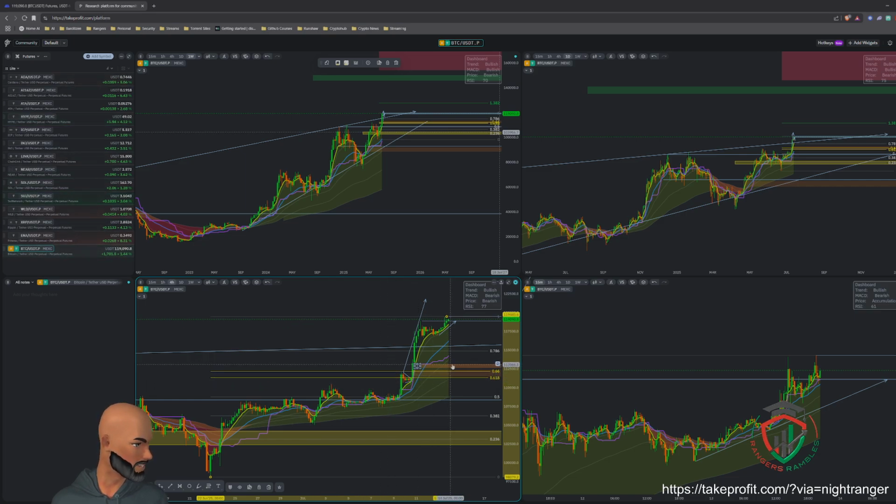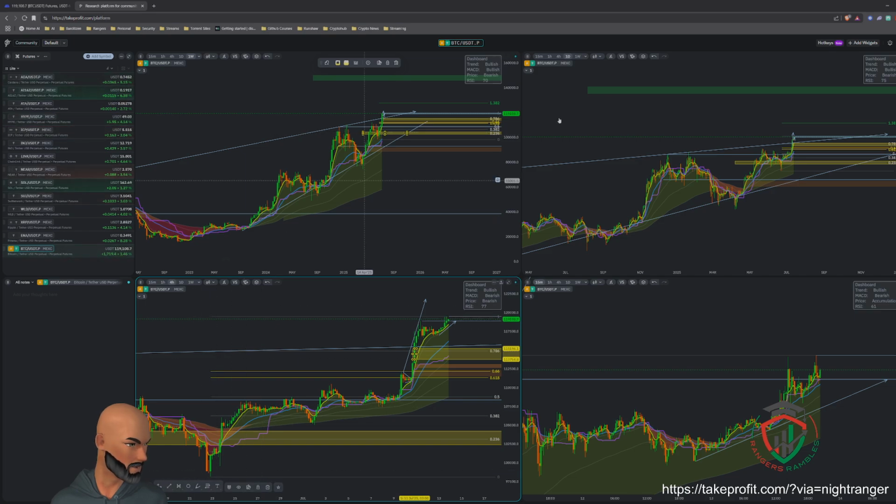Now this is interesting. You see these FVGs, that's what these brownish coloured ones are. They're FVGs that have been created. We do have another FVG here. I want to name that FVG.